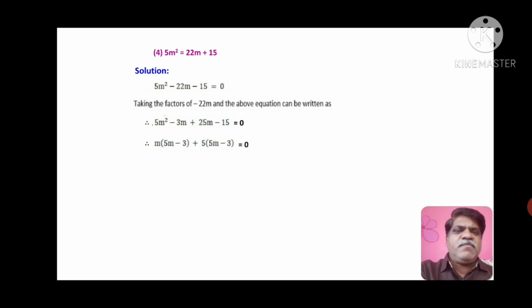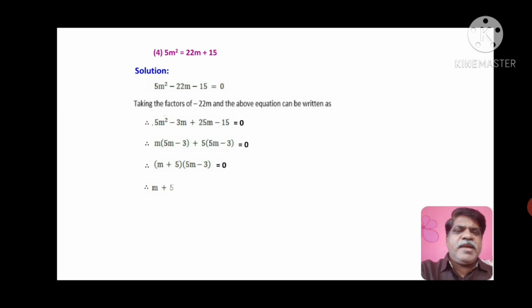So into the bracket what is left is 5m minus 3, bracket complete, plus the next two terms, 5 is the common. So in the bracket again 5m minus 3 is left. So 5m minus 3 is the common, that is in one bracket, and in another bracket what is left is m plus 5. So the product of these two brackets is equal to 0.